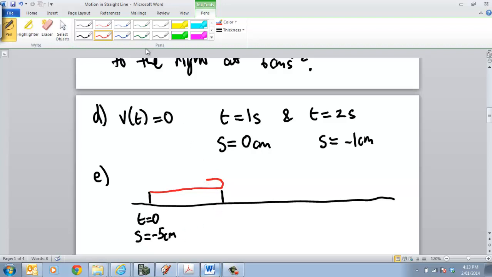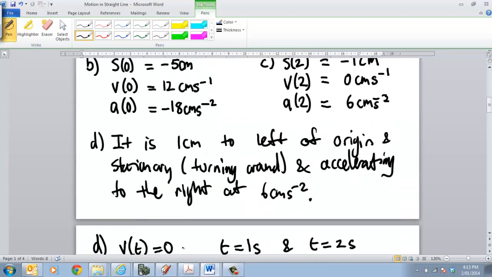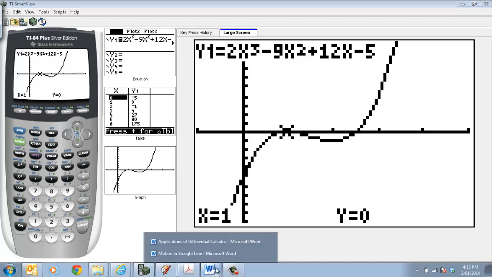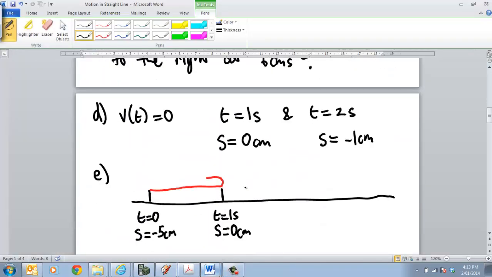Right, so therefore if we label that point there, t equals 1 second, s is equal to 0 centimetres. We know that somewhere in our curve, it changes direction at t equals 2 seconds again. We know that it moves back how far? It moves back 1 centimetre.